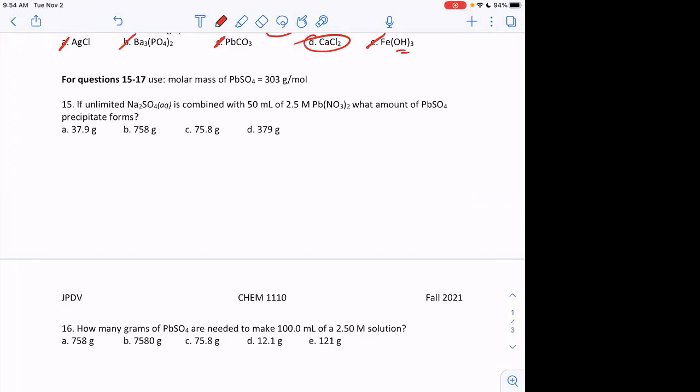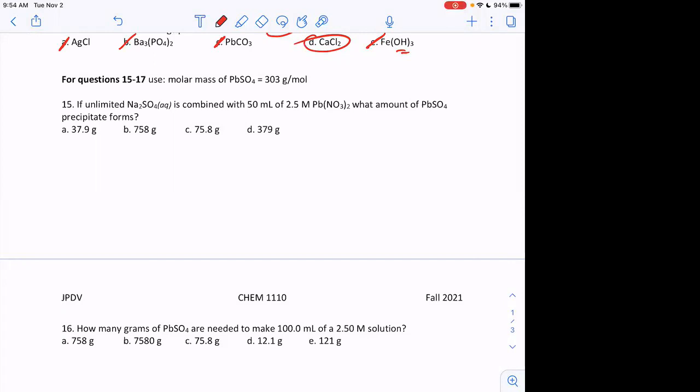Abigail? And you say that solution, you mean the 50 mils of 2.5 molar lead nitrate, right? Okay.